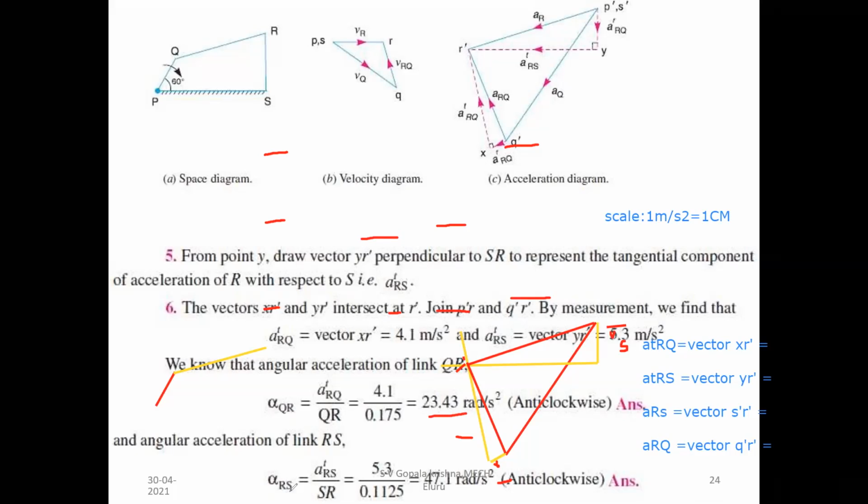Similarly, to find alpha RS equals to AT RS by SR, and the AT RS value is 5.3 meter per second square. So 5.3 by SR length, which is 0.11, gives 47.1 radian per second square. Okay, this way we have to finish the problem. Is it clear?